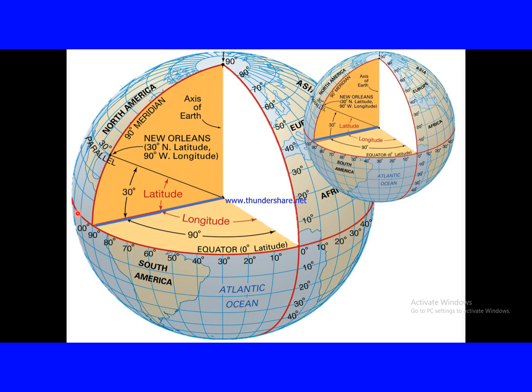We have to face all these kinds of problems. If we know the scale of this globe, what would be the scale of this larger globe? We have to find out all these problems also.